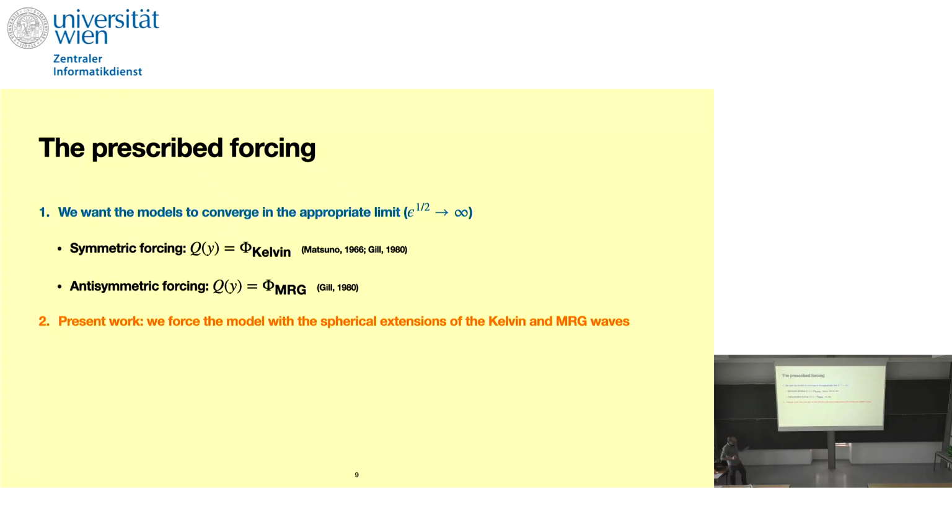And Gill also considered an anti-symmetric forcing and a completely asymmetric forcing, which was the sum of the two. But anyway, we are going to use a forcing which is the extension of the Kelvin wave to the sphere, which ties back to earlier works we did of how to identify the Kelvin wave and also the MRG mode on the sphere.